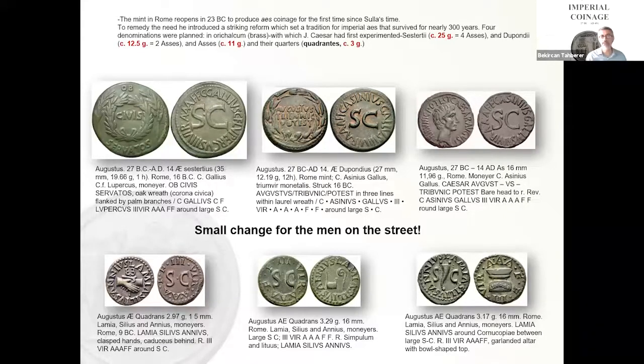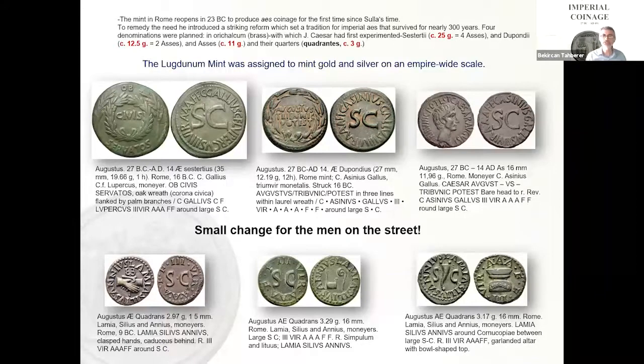And the quadrans are very simple, small coins that Augustus designed for the Roman Empire at that time. And he used the Lugdunum mint to coin in gold and silver.